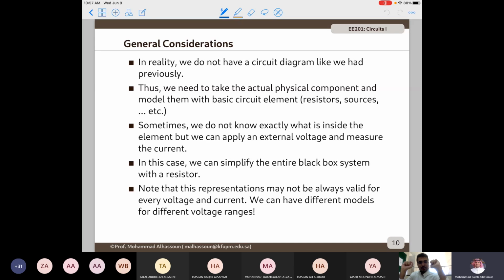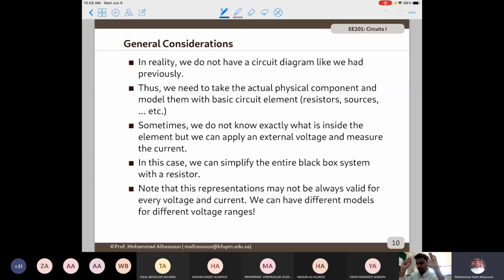The other option is sometimes you have a black box. You cannot see what's going on inside of it. But what you can do is apply the voltage between its terminals and measure the current, or vice versa. In this case, you may end up simplifying this black box by representing it with a resistor and some sources.